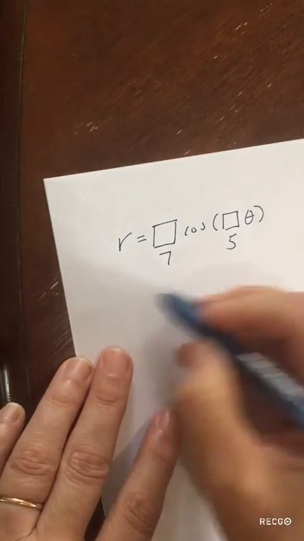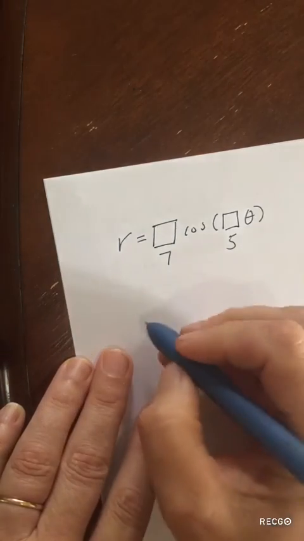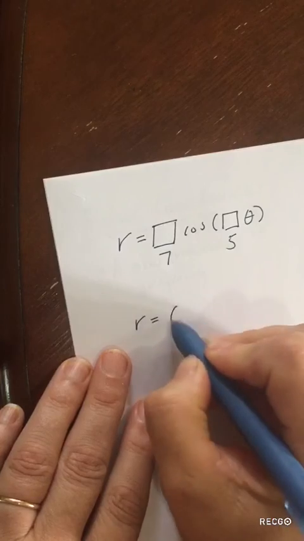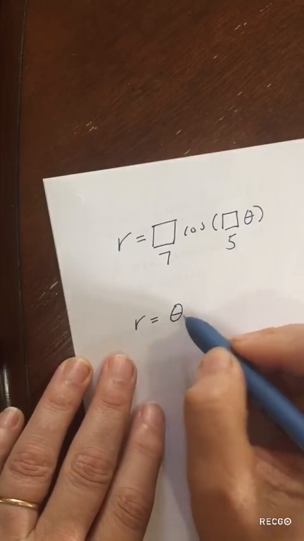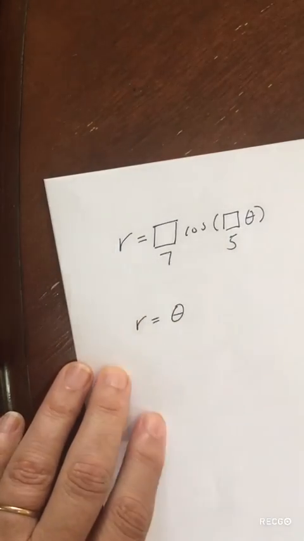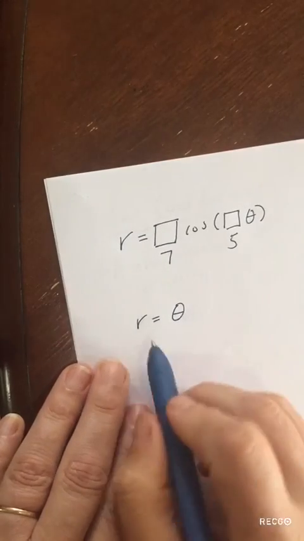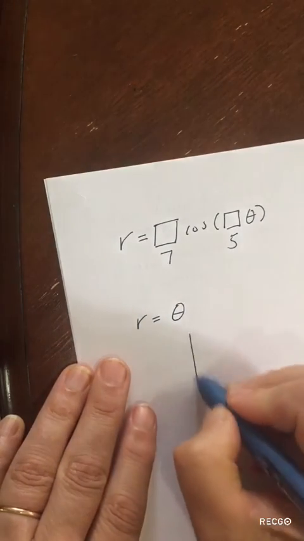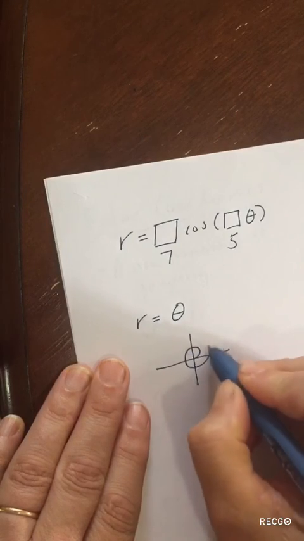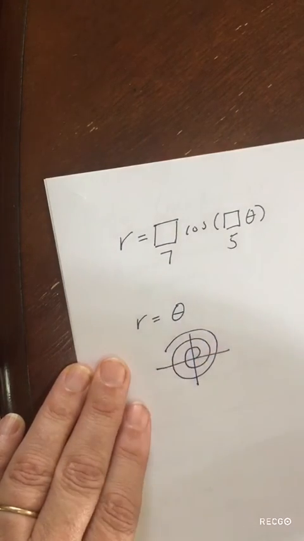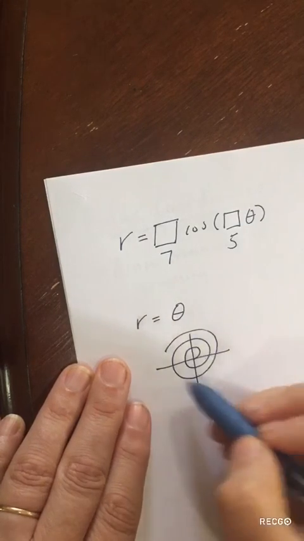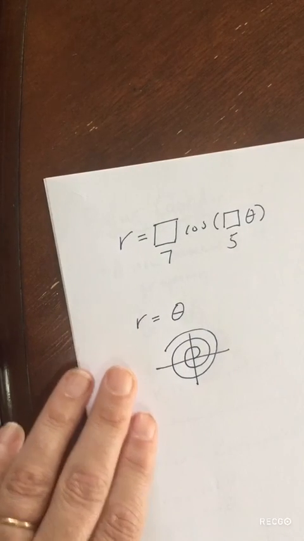Those are going to graph flowers. And then if you do just r equals theta, you can modify this to be r equals 2 theta, or you could experiment with that. r equals theta is just going to draw a spiral going outward, okay? You can think of what happens if you draw r equals negative theta. Maybe you draw the spiral the other way. All right, so I'll let you play with that.